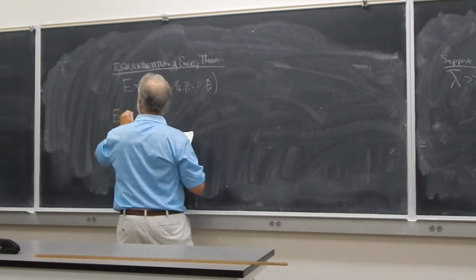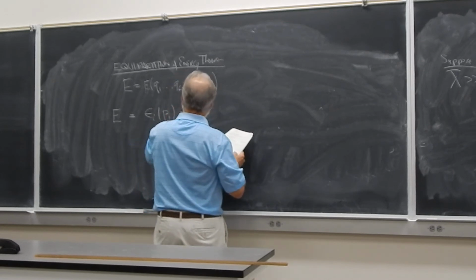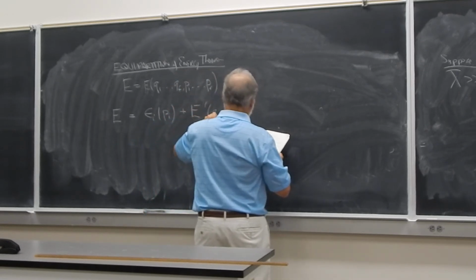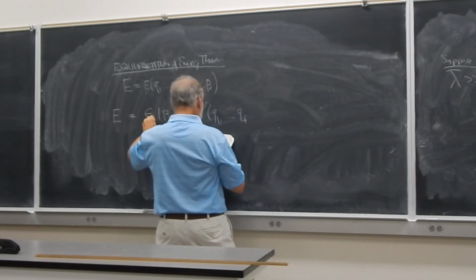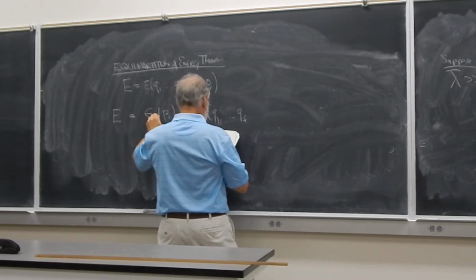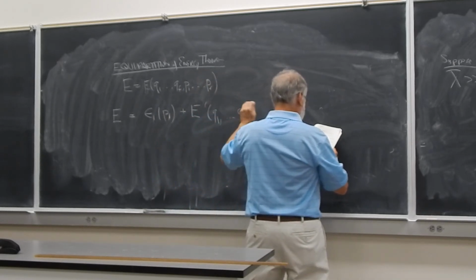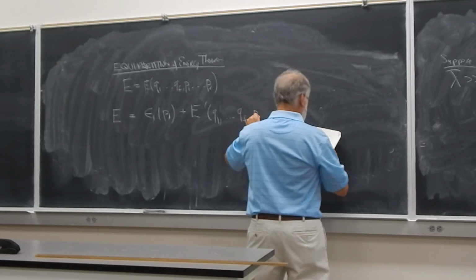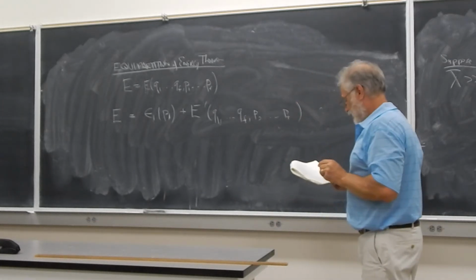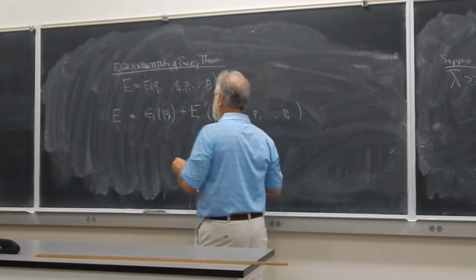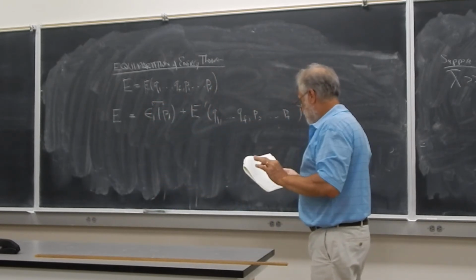I can write it as E1 of p1 plus E prime of q1 to qf and p2 to pf. Let's write it that way. So in this case, E1 involves only p1 and no other momentum coordinate or position coordinate.